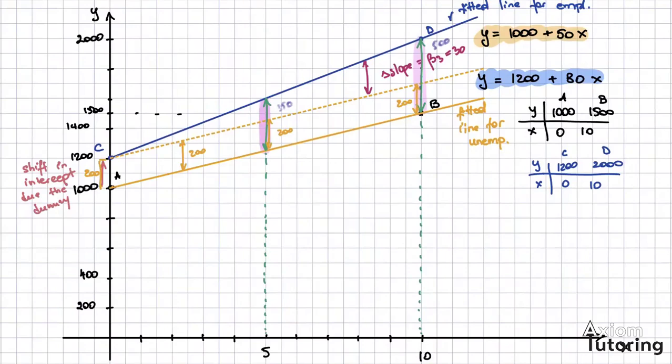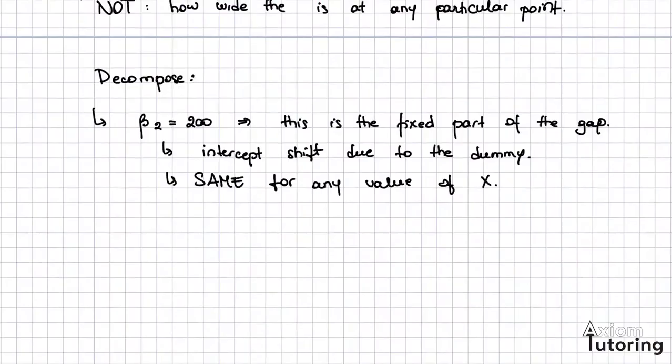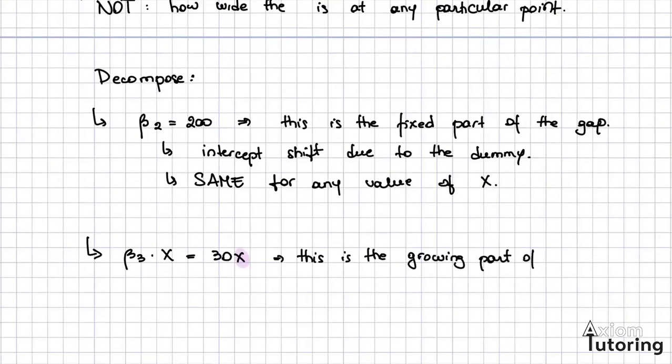Okay, the second component of this decomposition is the beta 3 times x, which in our case is 30x, and as you can see, we can't give a fixed number to it because this very clearly depends on the value of x. Okay, so this means that this is the growing part of the gap.